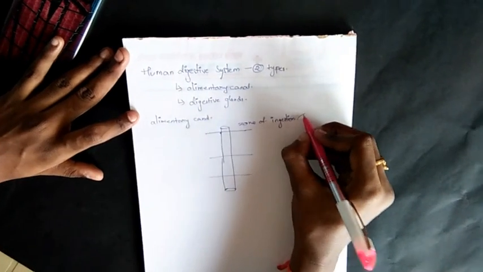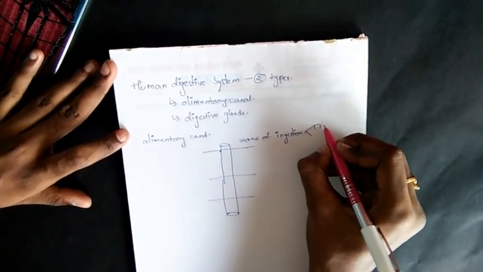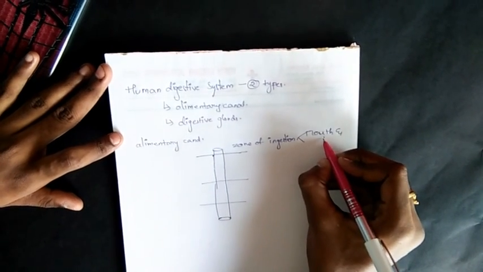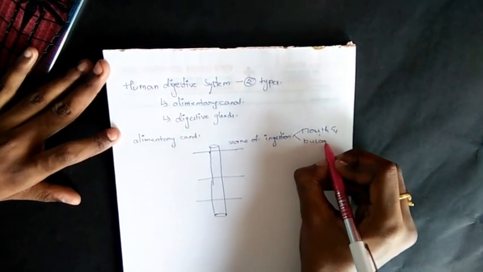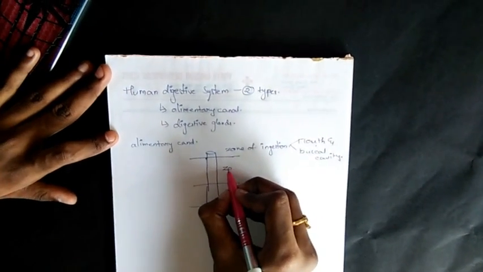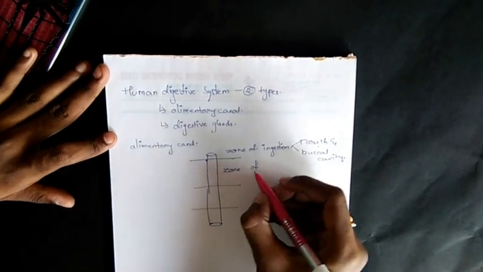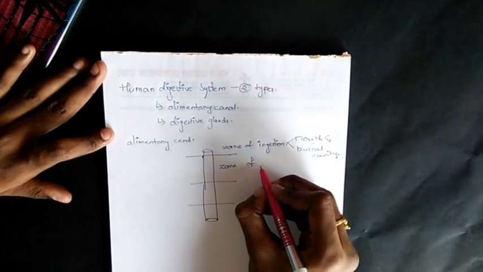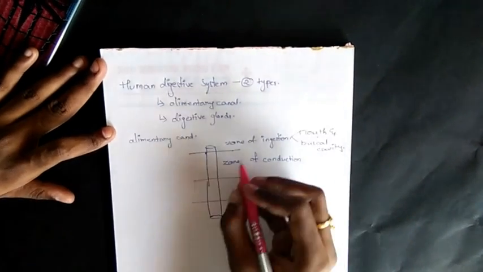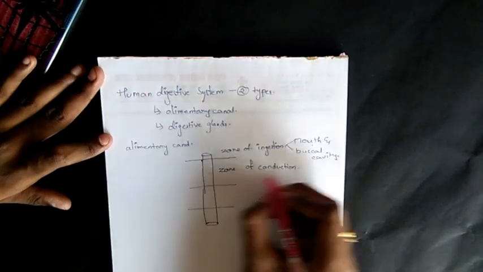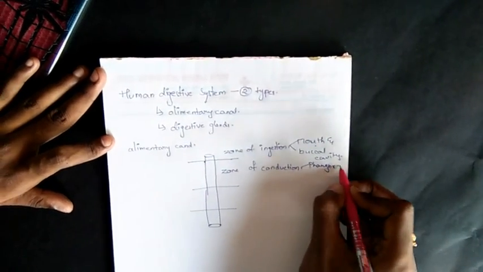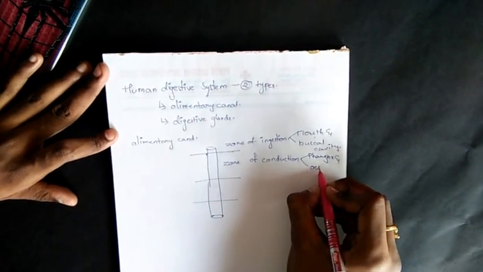The parts which come under this are mouth and buccal cavity, and the second zone is the zone of conduction. Here in the zone of conduction, the parts we come across are pharynx and esophagus.